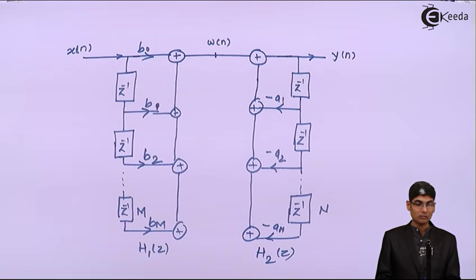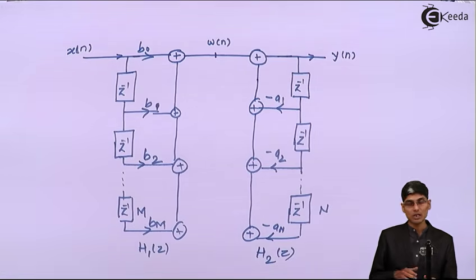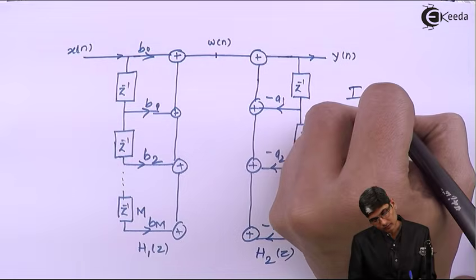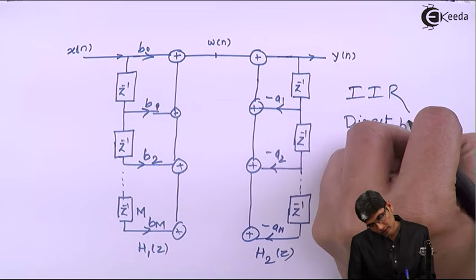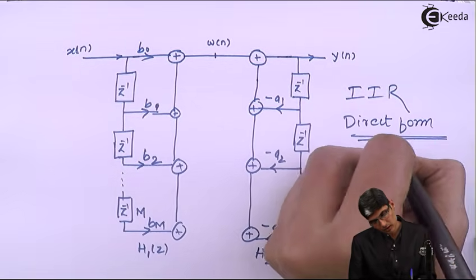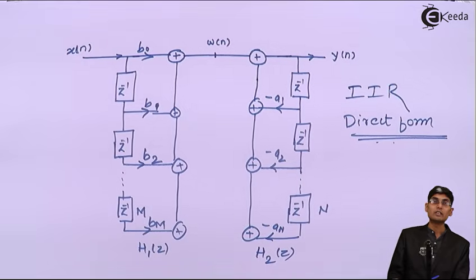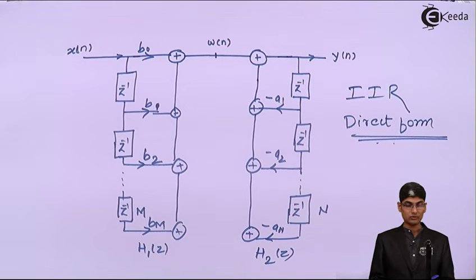This is the complete structure, which we call the IIR direct form structure, which has been directly taken from the transfer function. So this is the direct form of the IIR structure.